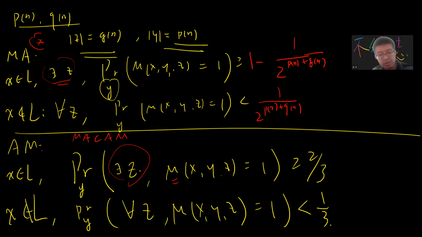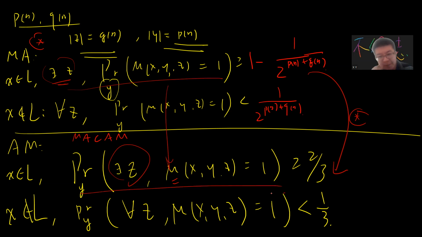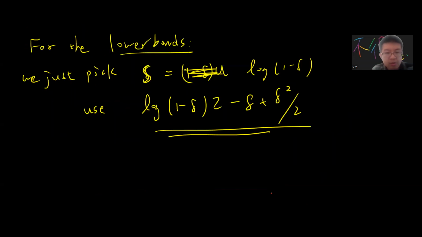This means that at least this fraction of bit strings y will make this correct. So obviously this implies this. Hopefully it's trivial; you can just write down the definition. If there is a z, then I always choose z to be here, so this statement implies this statement. This one is simple.